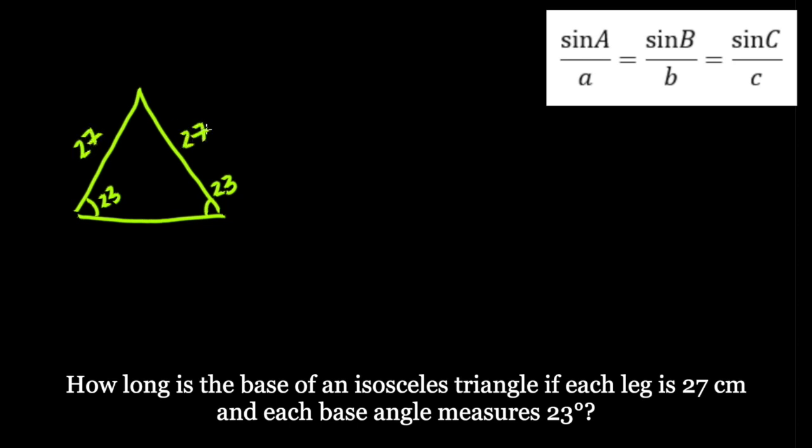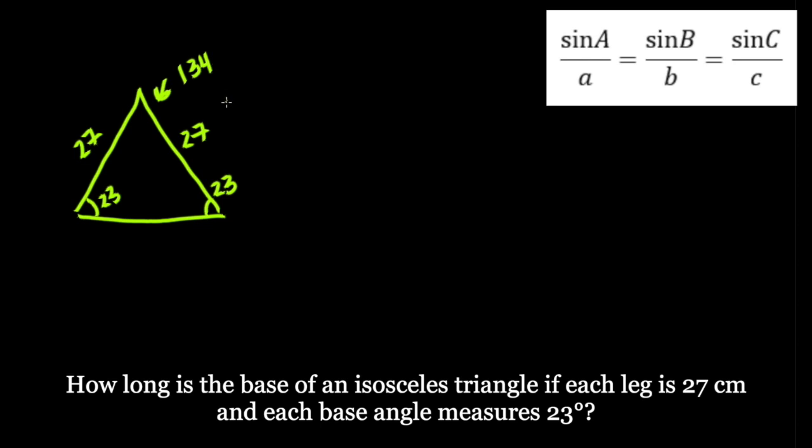By looking at the model, we can see that the 23 angle corresponds with the 27 centimeter side. Since we know that there are 180 degrees in a triangle, we can do simple math to find out that the remaining angle up here is 134 degrees. Remember that this model isn't drawn to scale.